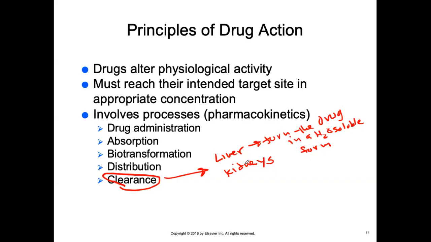And the kidneys are going to excrete that form. It has to be water soluble to get it to the kidneys in the first place. Otherwise, they're not going to be able to clear it at all.